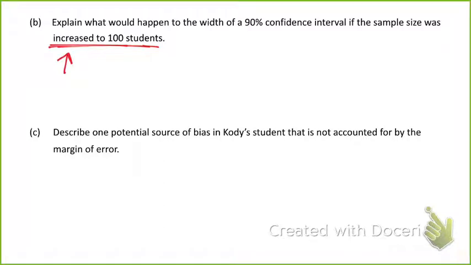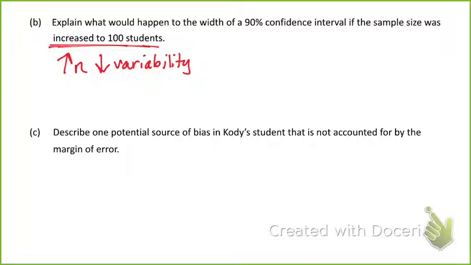So when you increase your sample size, you decrease your variability. Do you guys agree with that? Okay. Well, guess what? Margin of error is the variability of your interval. So if you increase your sample size, you decrease your margin of error, which tells how wide the interval is supposed to be. That's the plus or minus.